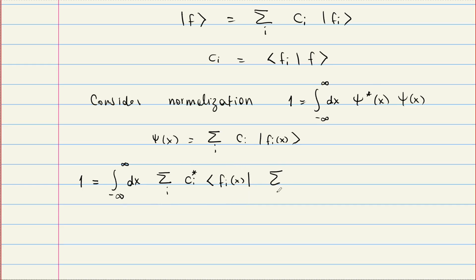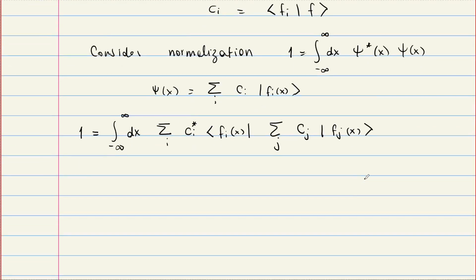Let me call it j, the sum over j of Cj Fj of x. And you can see, this thing and this thing, Fi Fj, what is that? I think that's delta ij, right? Our beloved object.